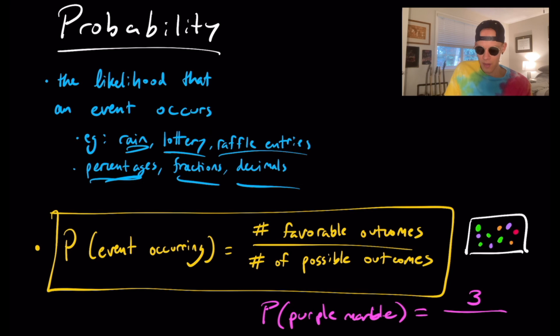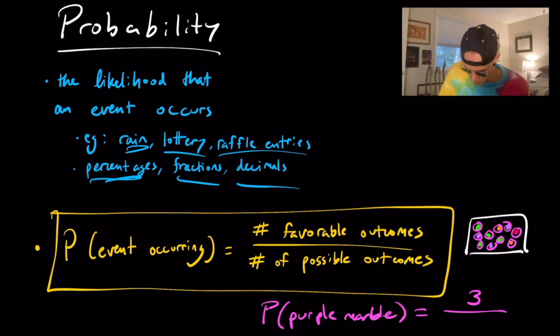Well, how many possible outcomes are there? Well, that's just the number of marbles we have in this box, because I could grab this green one, or that green one, or that green one, or that green one, or that red one, or that orange one, or that orange one, or any of those 3 purple ones that we talked about before. So those are all the possible events that could happen when you put your hand in the box to grab a marble.